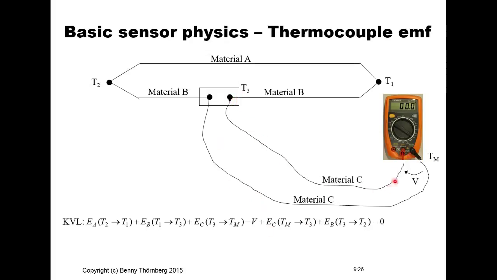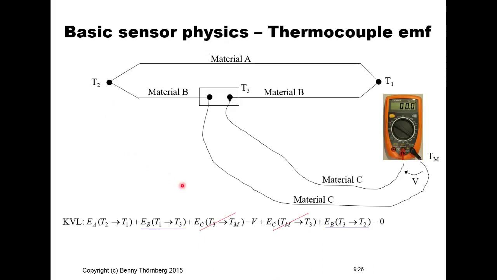This will be this part of the wire. And minus the voltage over the meter, and plus the voltage generated over material C, this part, from temperature Tm to T3 again, and plus the voltage generated over material B from T3 to T2, and all of these potential differences should be equal to 0.